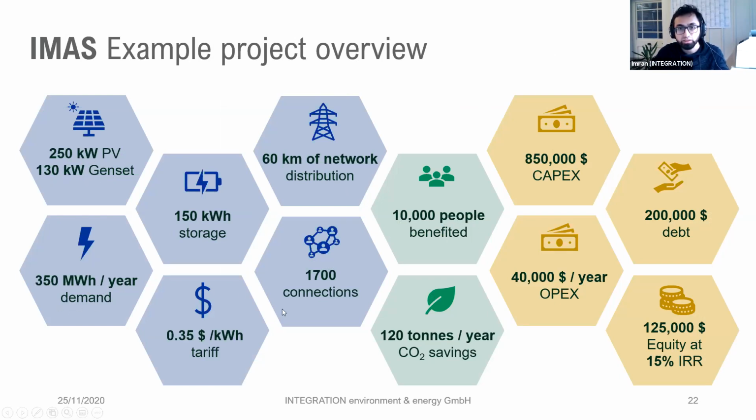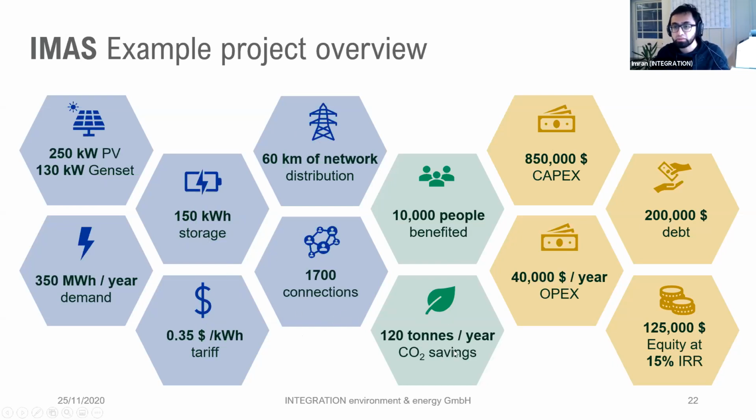Just to put it in context, we have a battery storage system, which is 150 kilowatt hours. It is lower than the typical comparison of battery storage to PV system, but this is because of the strategy that I talked about earlier, that you benefit from grid supply to ensure that you do not invest too much into batteries. In such systems, we have a tariff of around 35 cents.